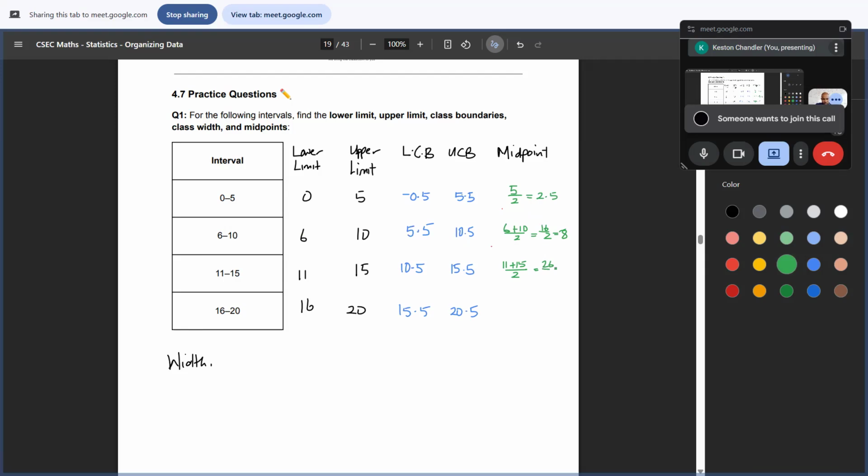This will be 26 over 2, which is equal to 13. And this one is 16 plus 20 over 2. That's 36 over 2. That's equal to 18. My width will be our upper class boundary minus our lower class boundary. That's the easier one to do. And you could use any upper class and lower class. Right, you get a total of 5 there for all.